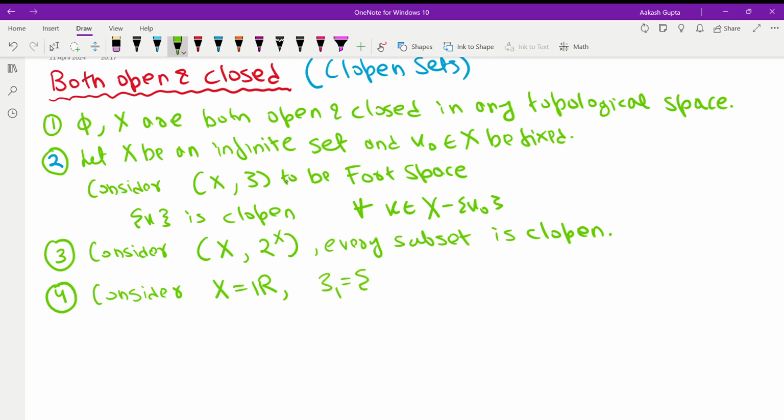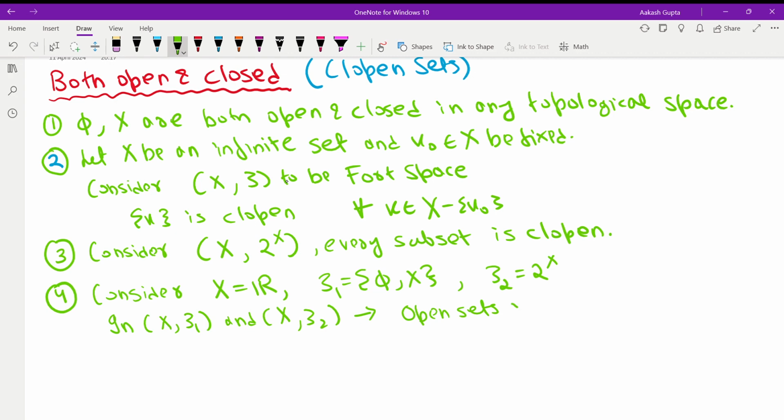Say first is phi and X, and second is 2 to the power X. So what we know is that in X along with tau 1 and X along with tau 2, all open sets are also closed and vice versa, right?